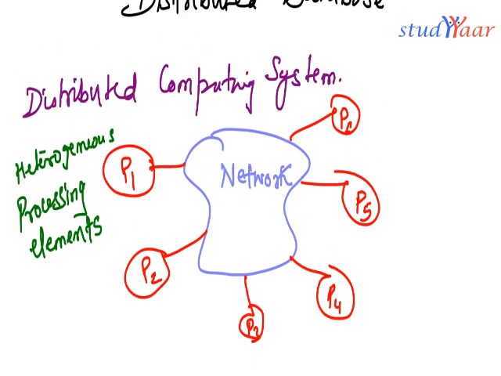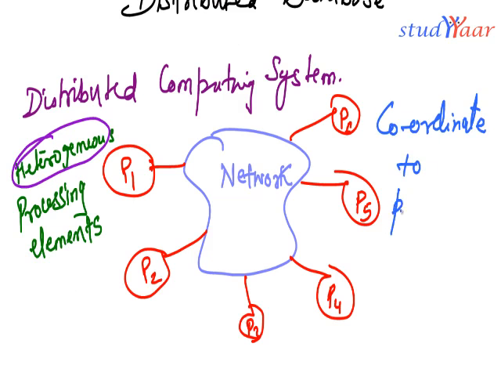The distinction between a parallel and a distributed computing system is that more often than not, in a distributed processing system we have heterogeneous processing elements, and these processing elements coordinate to perform a common task. So that is the concept of a distributed computing system.